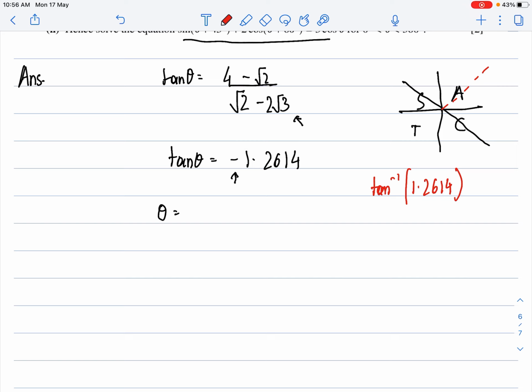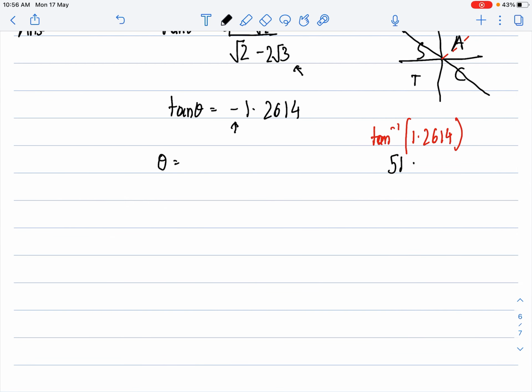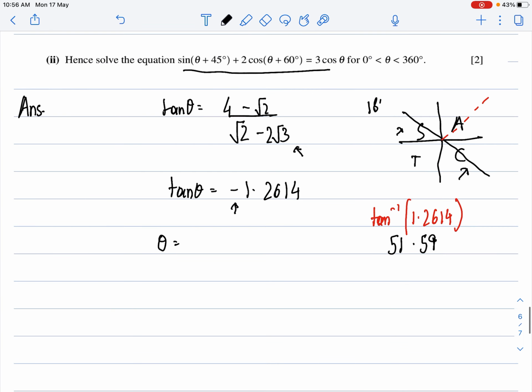Make sure you are on the degree mode. The value I get when I do this is 51.59. But now I need values for the second quadrant and the fourth quadrant. For the second quadrant, I do 180 minus theta, and for the last quadrant, I do 360 minus theta.